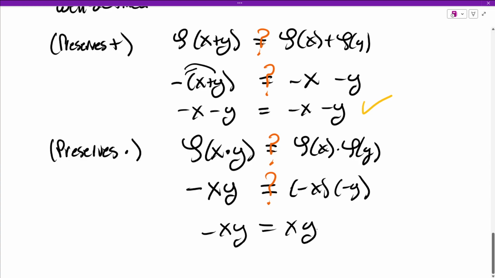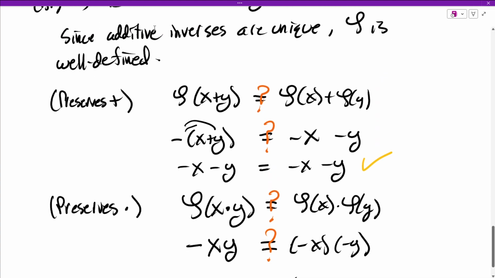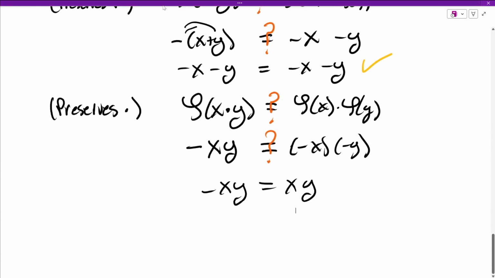So we have to ask, is that true? And the answer is, it depends. So it depends on what ring we're in, right? We never specified the ring up here. So this is true sometimes. It's true in particular when you have what's called a Boolean ring, where negative 1 and positive 1 are the same thing.